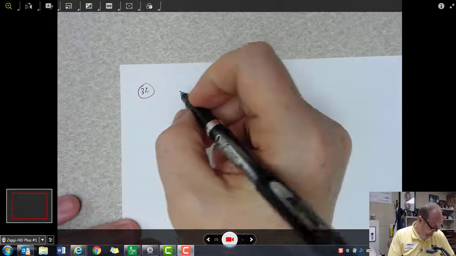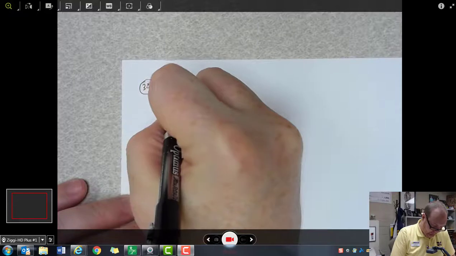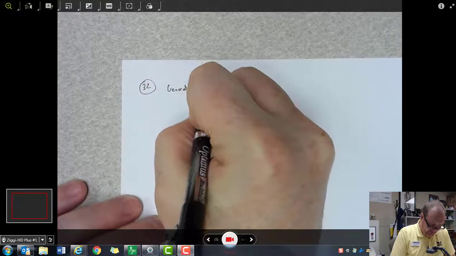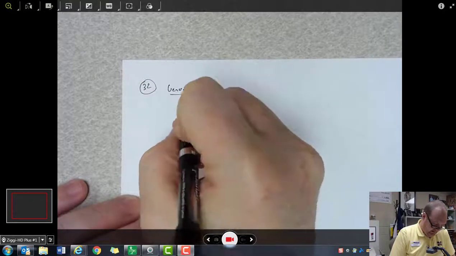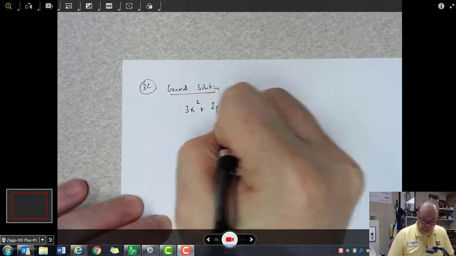Number 32, it says to verify that the general solution satisfies the differential equation, and then find a particular solution. So I have a general solution. That's actually kind of what I've been working with. 3x squared plus 2y squared equal to some constant.